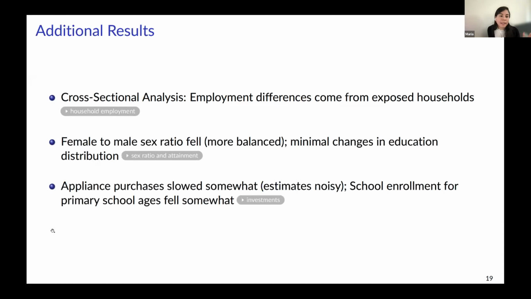So we see that, for instance, purchases of appliances slowed, and school enrollment for primary school ages fell somewhat. So this is just an effect of this decline in remittances that we observed.